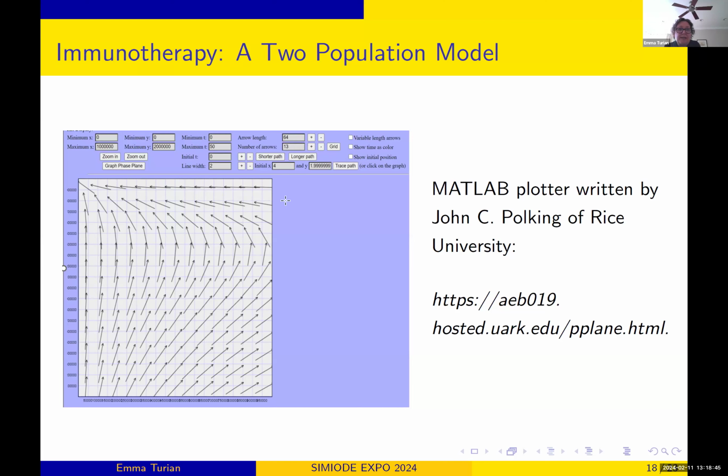So the arrow length had to be changed because initially with the default arrow length and the number of arrows, I couldn't see anything in the plot. So I had to make changes to these settings that are in here, so I can end up with this vector plot that we are seeing in here.